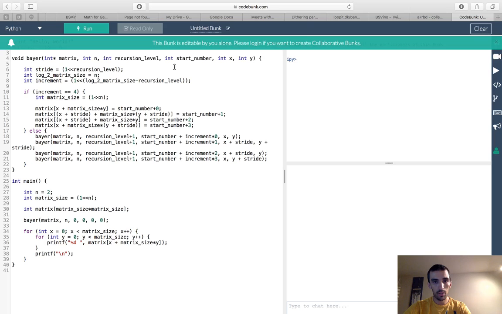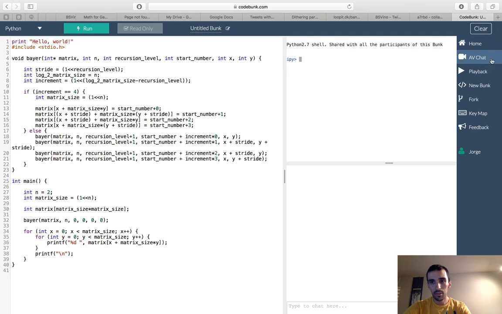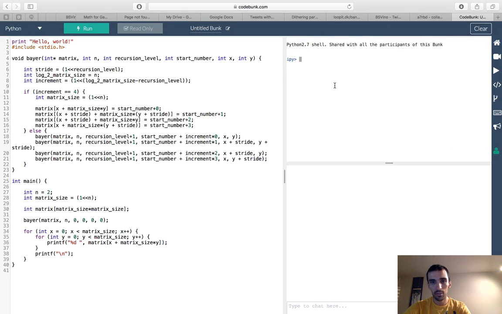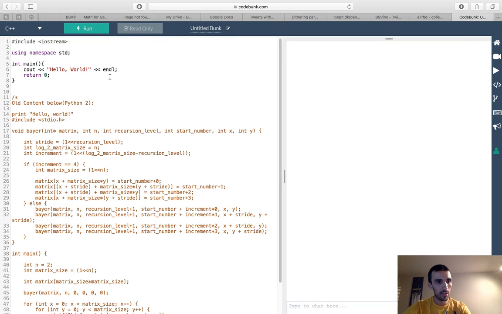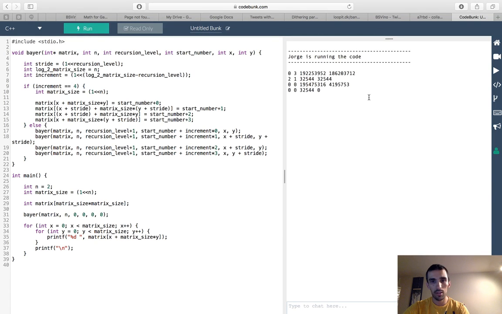Hold on, I'll log in if I want. Oh, I don't want to log in. Python. It's Python, you guys. C++. Okay. Run. I'm running the code. Oh my god, that's wrong. Well, that's fine.